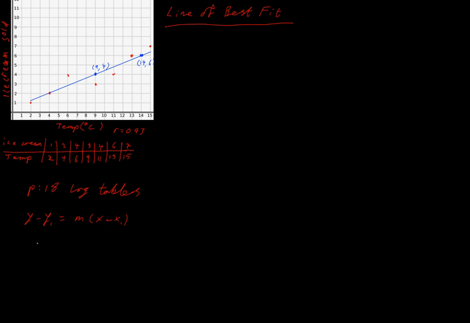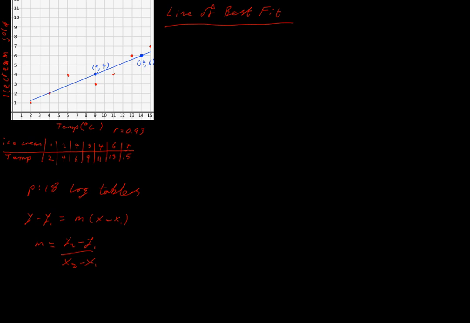So now I'm going to write down my slope formula as well. y2 minus y1 all over x2 minus x1. Now I know what I need to have in order to get my equation of my line. And I have an x1, y1 and x2, y2 because I have 2 points on this line.